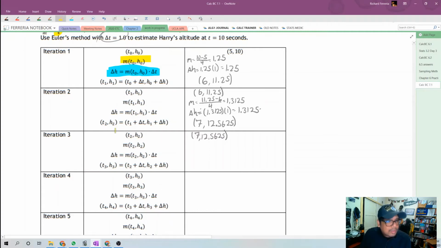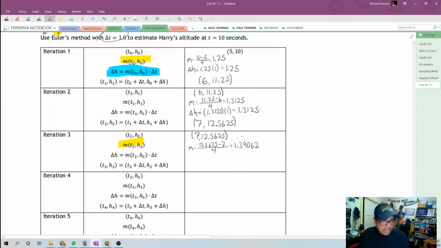First thing, figure out slope. Our slope is going to be equal to our h coordinate, 12.5625, minus our t coordinate of 7, divided by 4, and that gives us 1.39062. I have all these calculations worked out already so that we don't have to watch me fumble with a calculator, but this is just calculator work.